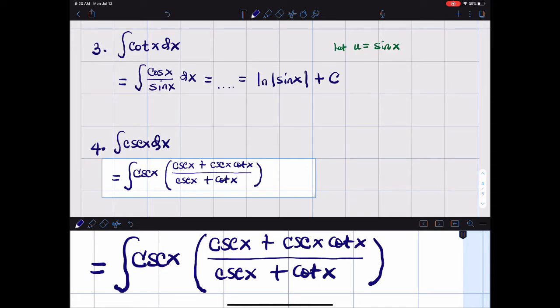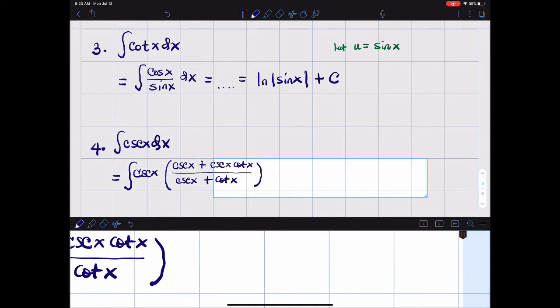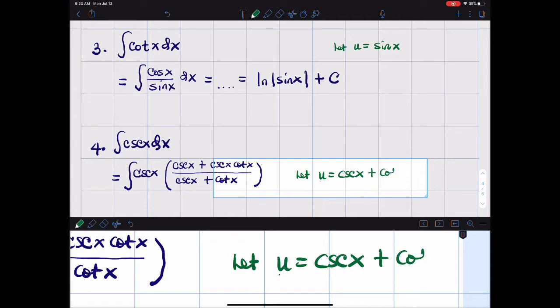And then you let u be equal to cosecant of x plus cotangent of x.